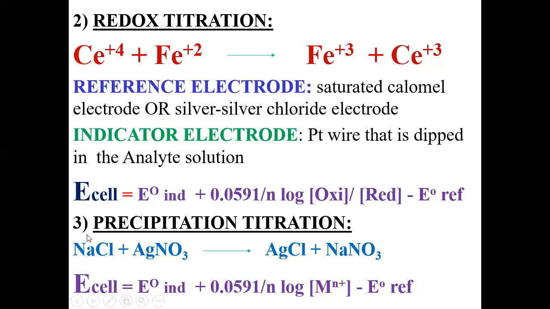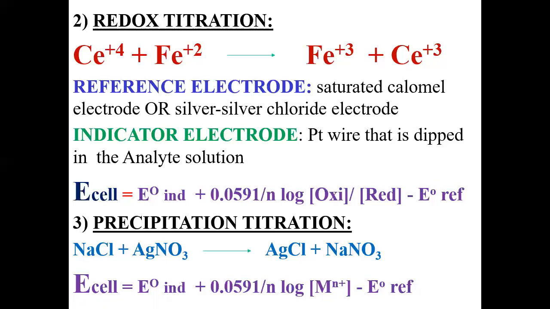The EMF of the cell is given by E cell, which is equal to E naught of the indicator, meaning the standard electrode potential of the indicator, plus 0.0591 divided by n into log of concentration of the M^n+ ions, minus E naught of the reference, the standard electrode potential of the reference.